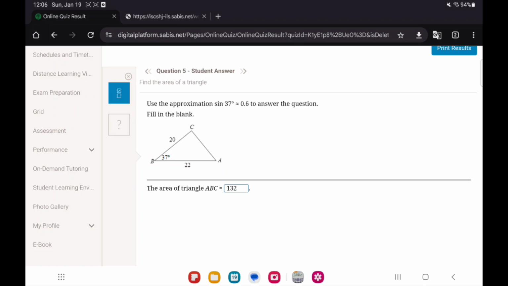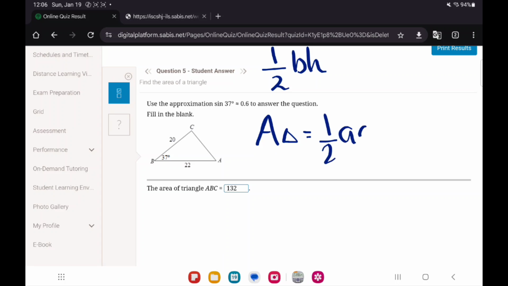Okay, so here they're asking for the area of a triangle, okay? Area of a triangle usually is half of base times height, okay? But when you're using trigonometry, the area of a triangle is equal to half AC, or whatever side you have. Here we have 20 and 22.